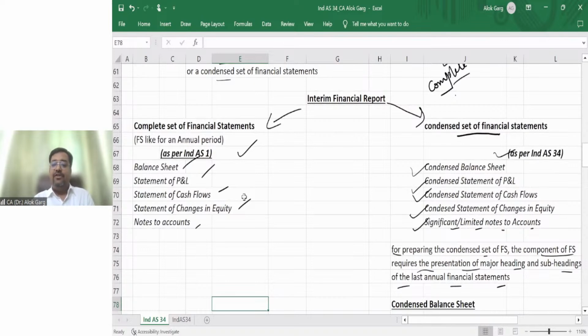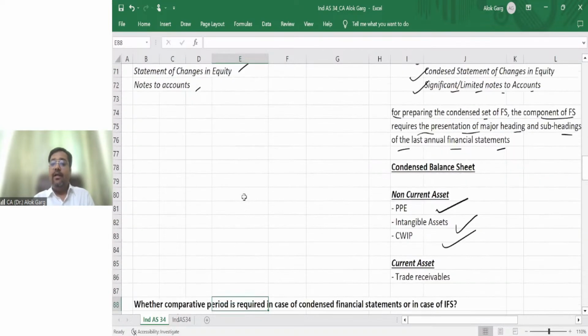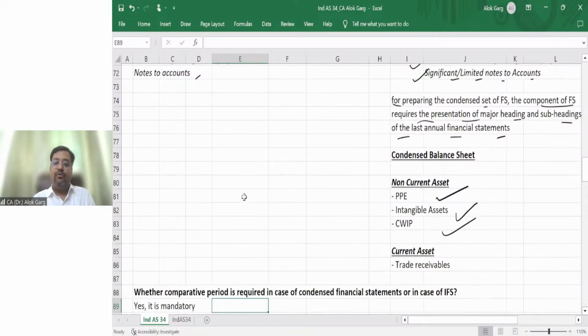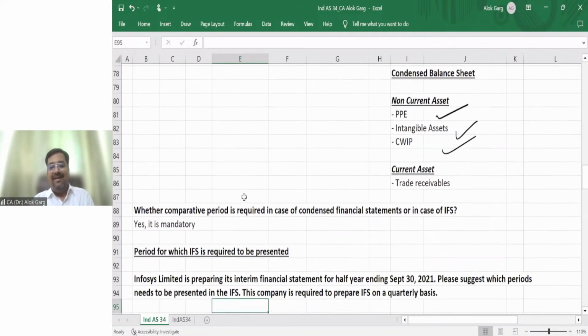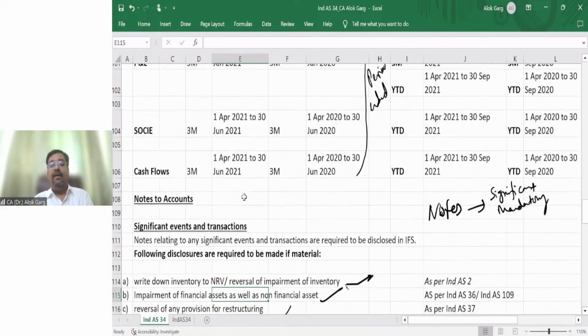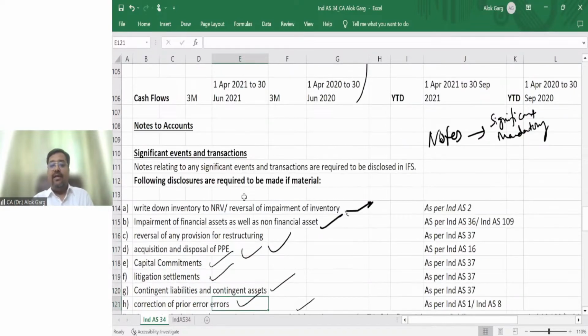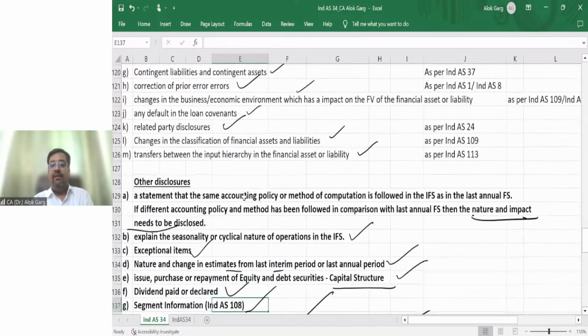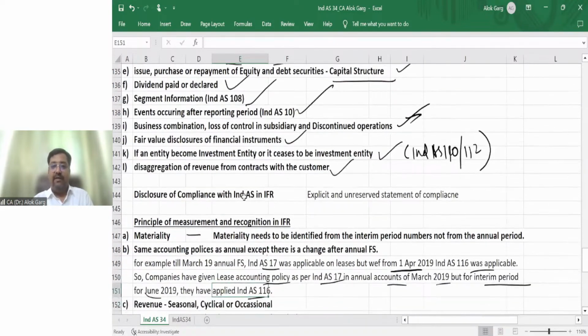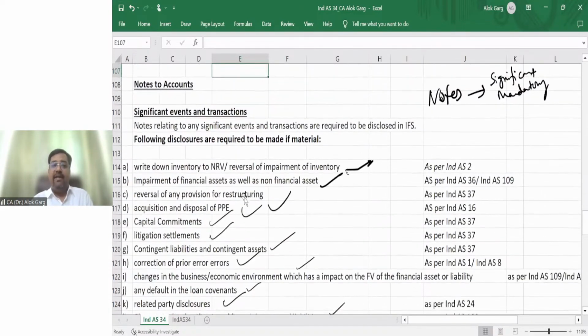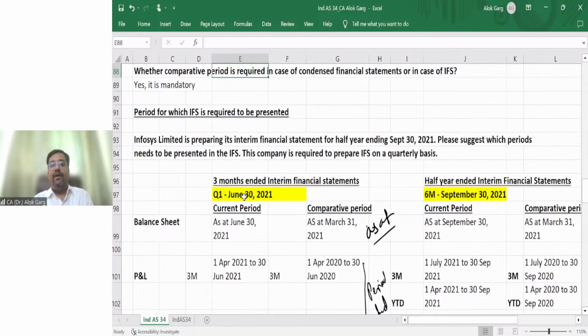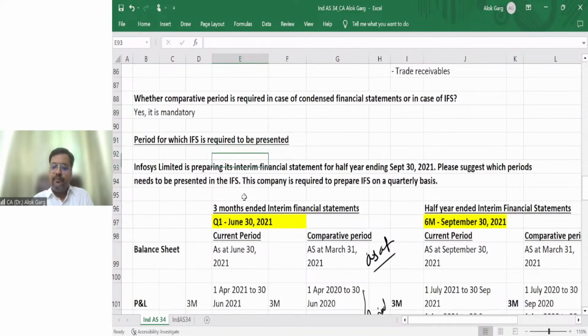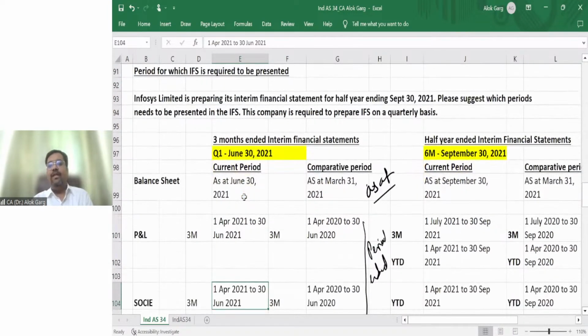The components are balance sheet, P&L, cash flow, changes in equity. In your complete set, the complete notes to accounts will be there. But if you are opting for a condensed set, the notes to accounts will be limited. First, there are some significant events and transactions given, or some mandatory disclosures are given, right? Then, since we have talked about the period of interim financial statements, we have discussed what will be the period in the first quarter, second quarter, third quarter.